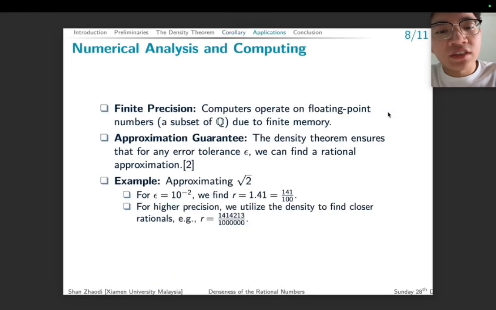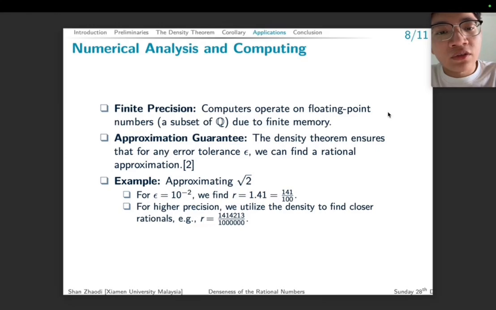So why does this matter? This concept is the foundation of numerical analysis. Computers cannot store arbitrary real numbers due to finite memory. They use floating point numbers, which are a subset of rationals.